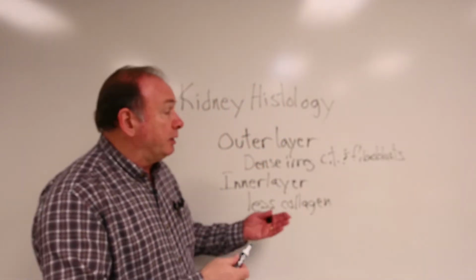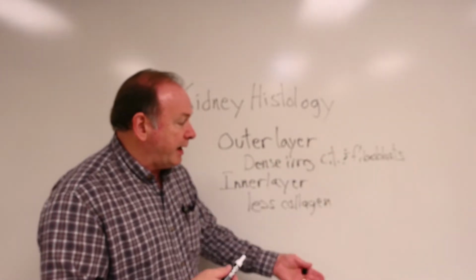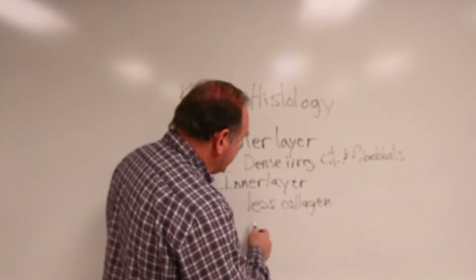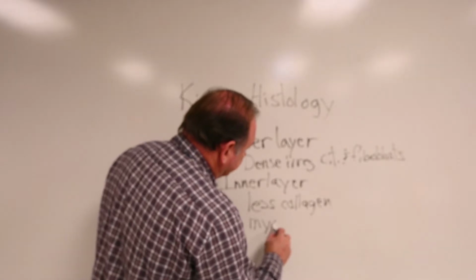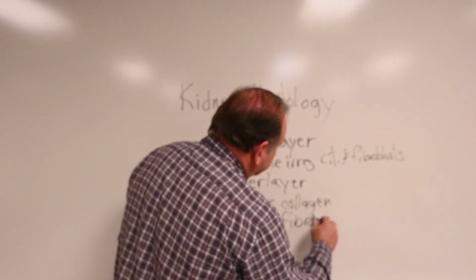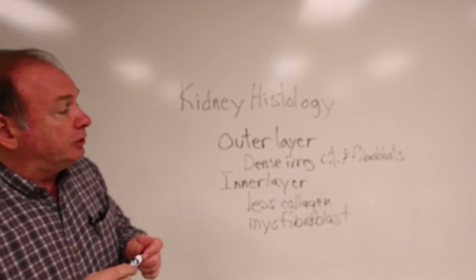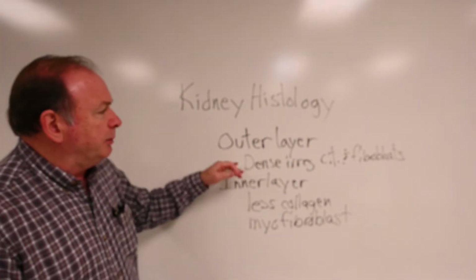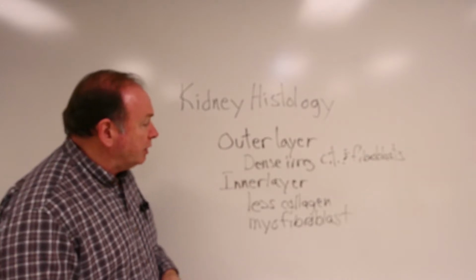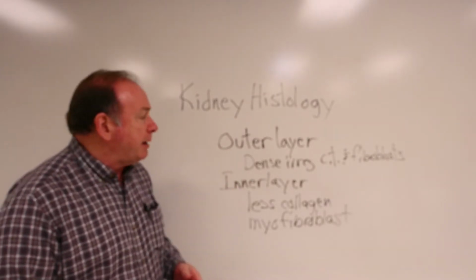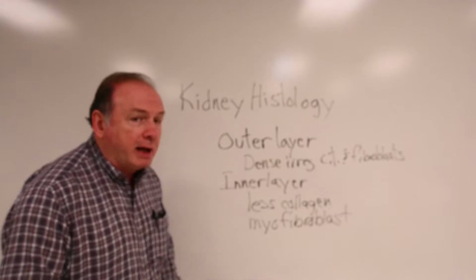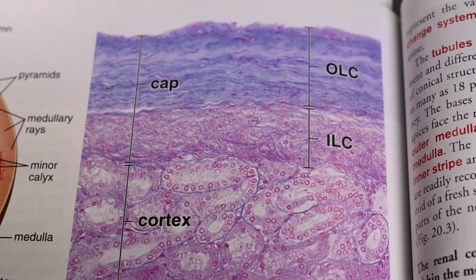And in addition to the dense irregular connective tissue and fibroblasts, it has myofibroblasts, a type of contractile cell that's similar to a fibroblast in its structure. So two layers to the kidney capsule, the outer and the inner layer of the capsule. And here you see the image from your textbook that shows the outer layer and the inner layer of the capsule on the outside of the kidney.